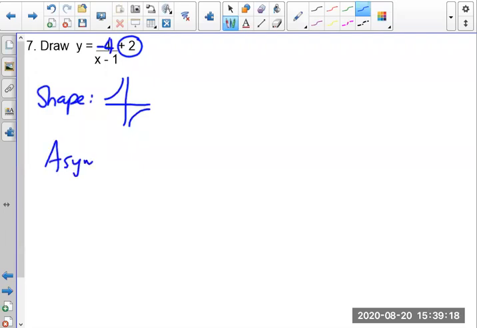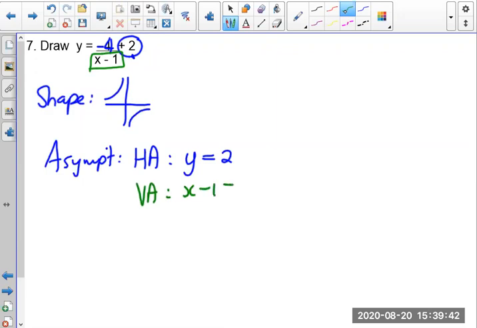Asymptotes. This q gives me the horizontal asymptote, which will be y equals 2. This x -1 will give me the vertical asymptote. x -1 equals 0, so x equals +1.